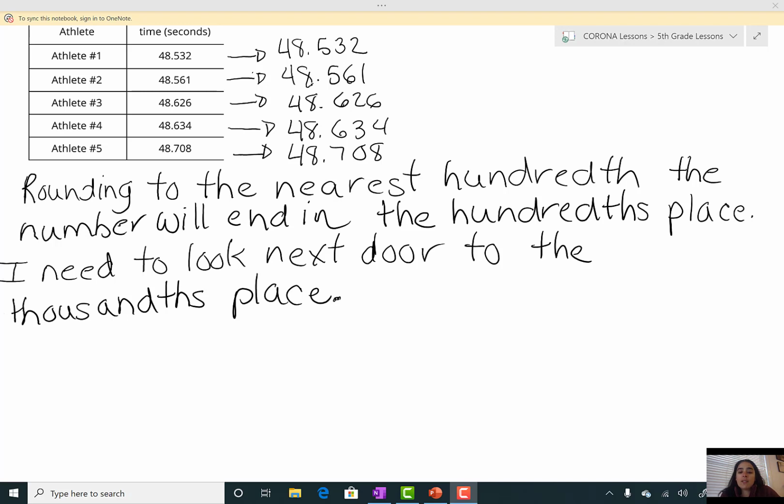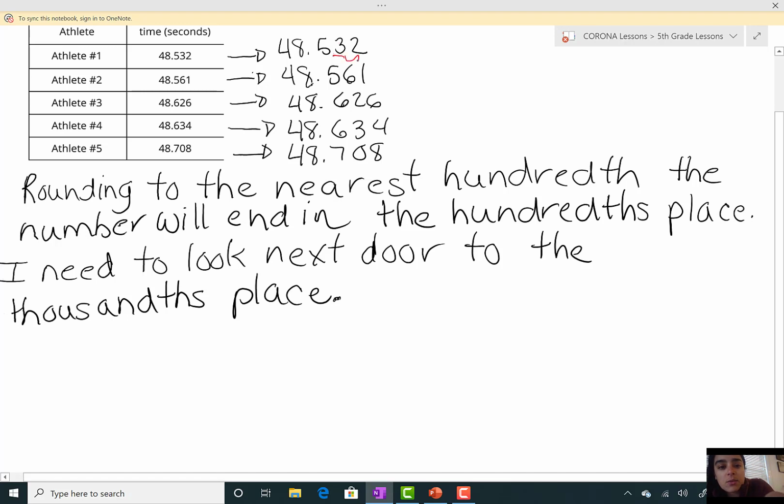So when we're rounding to the nearest hundredth, the numbers will end in the hundredths place. In order to see what digit that will end with, I need to look next door to the thousandths place. Okay, so let's start with athlete number 1. Athlete number 1 has a 3 in the hundredths place.